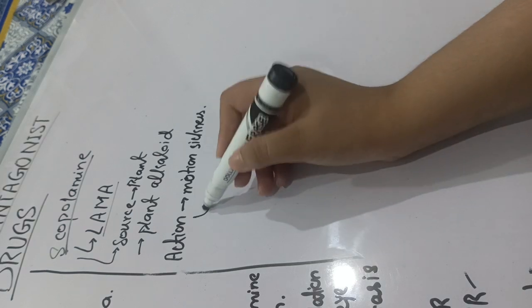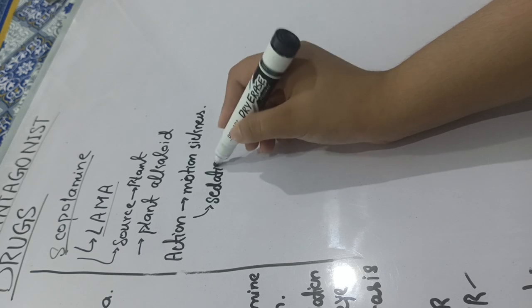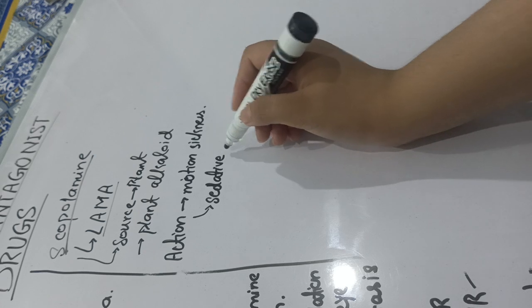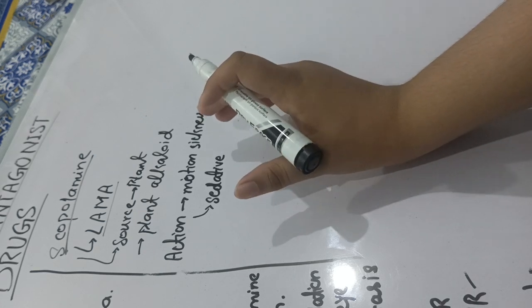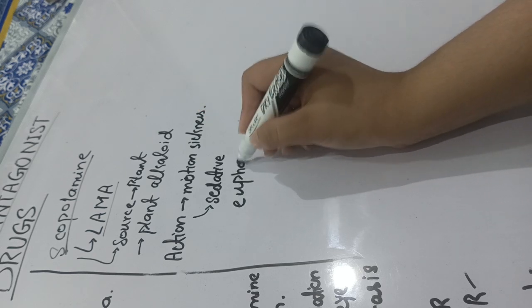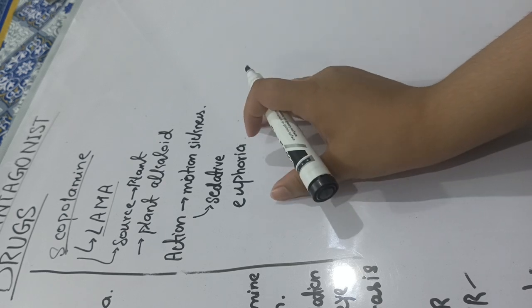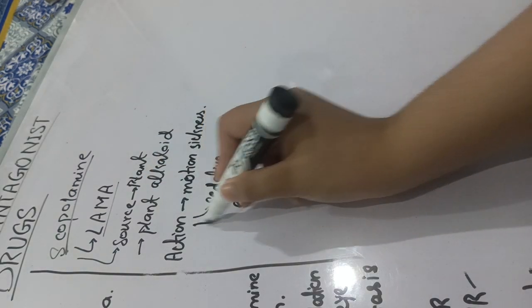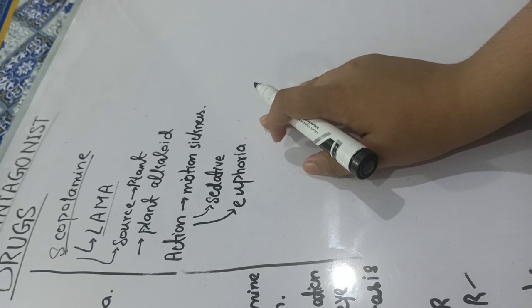Just its adverse effect is that it can cause sedation, which means inducing sleep, and it can cause drug dependence, meaning it is causing the patient to be euphoric. The word euphoria means it makes the patient happy and makes the patient depend on that drug. It will urge a patient to take this drug daily in order to make him happy.